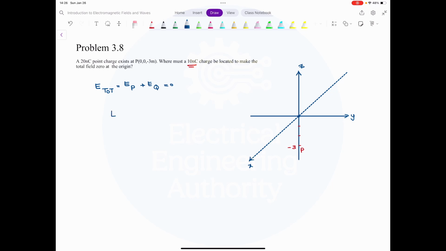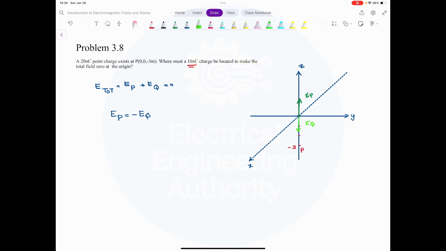Therefore, E of point P should be equal to the negative of E of point Q. Now, E of point P at the origin, do you agree that it will be like this? So this is E of point P. So this means that if I want EQ to be negative of EP, then it should be like this, but in the other direction, right?